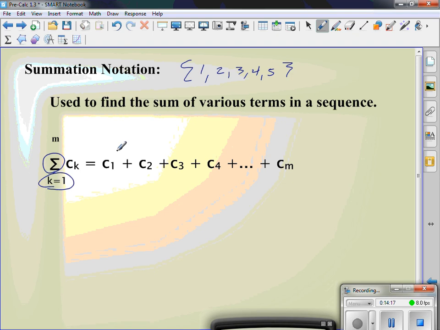M is where I'm ending. When I have c sub k, that is just my function. So I have the summation from 1 to m of c sub k, which means c1, c2, c3, c4, all the way up to cm.